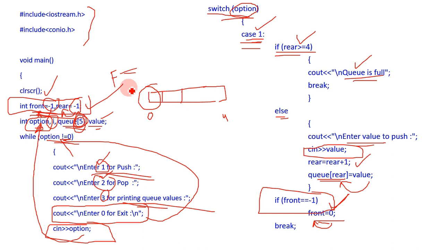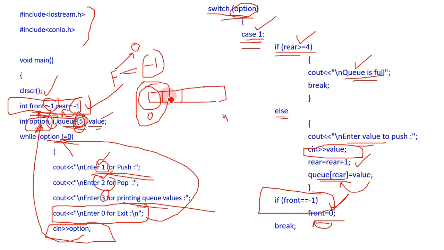At the start the front value was -1, but when the first element is inserted, the front value changes from -1 to 0. It means that now you can delete the first element if you want.